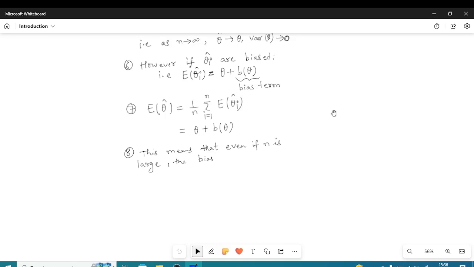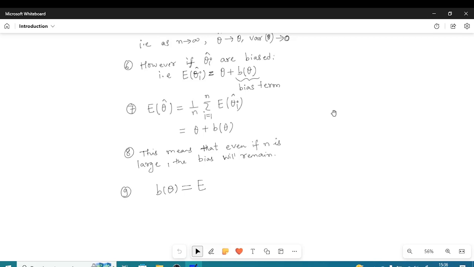So bias b of theta can be written as average value of theta hat minus theta.